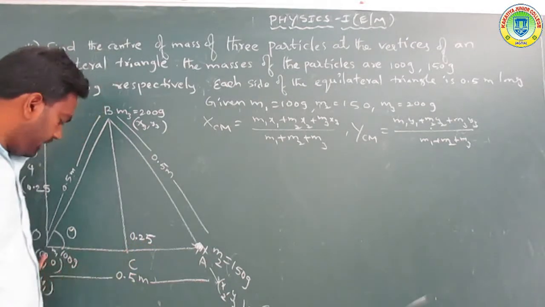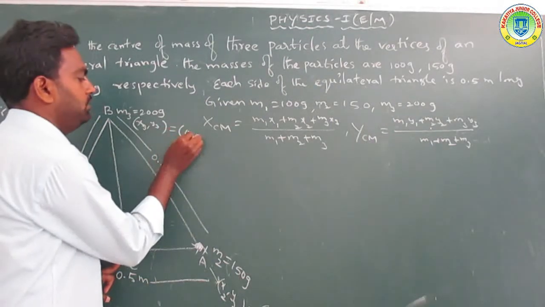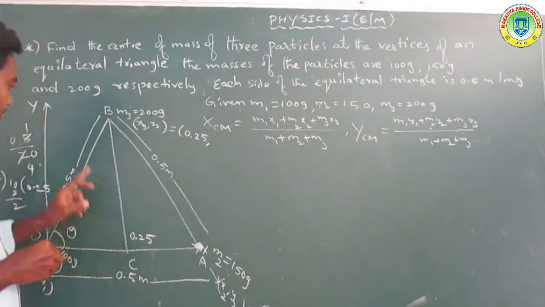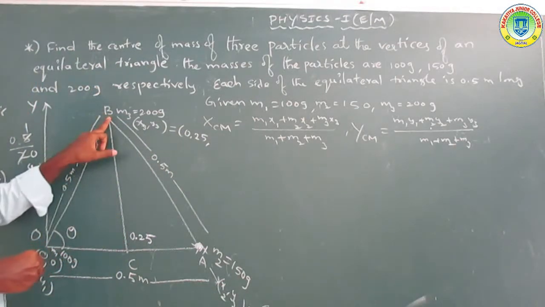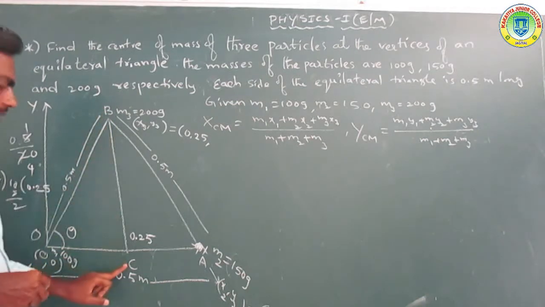So this is the midpoint, and that is x3. So x3 is equal to 0.25. Now find y3. We find y3 by using the triangle OBC.